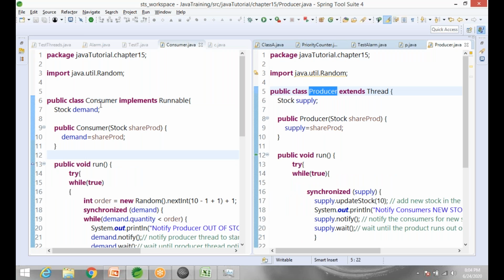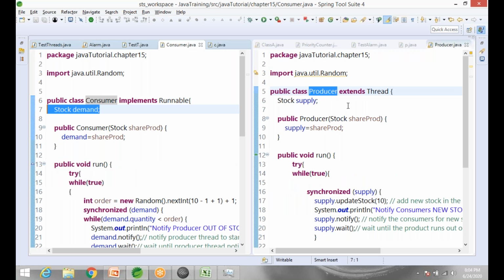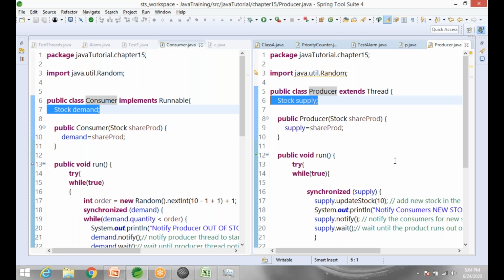Right, so producer and consumer share stock. Are they initialized? No, they are just declared, just like what we did previously.